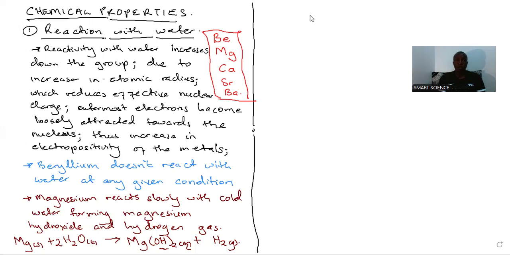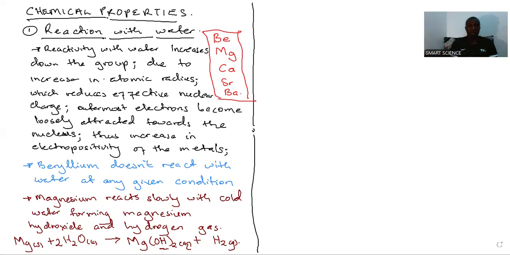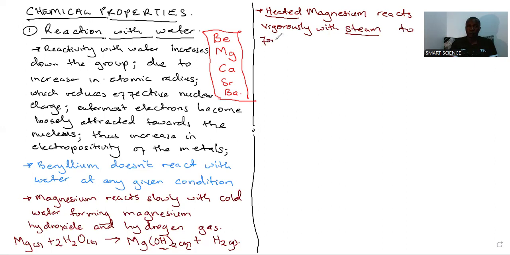As we move on to look at the different reactions with water, definitely you're going to look at another scenario where heated magnesium, in all your statements, conditions are very paramount, reacts vigorously or readily with water in form of steam to form magnesium oxide, and definitely liberates hydrogen, which is a gas.